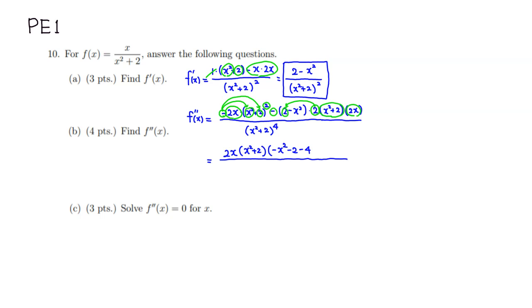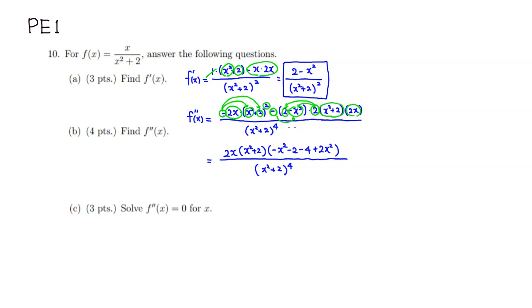Then 2 is distributed to negative x squared, but there's a negative sign also distributed, so it's going to be a positive 2x squared. And then the denominator is x squared plus 2 to the 4th power.